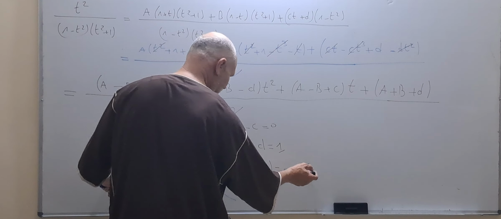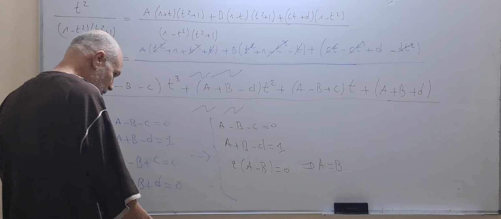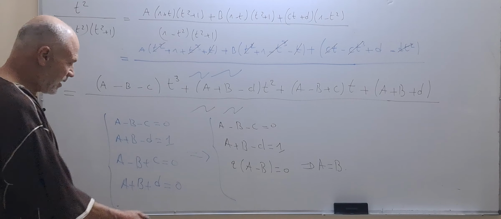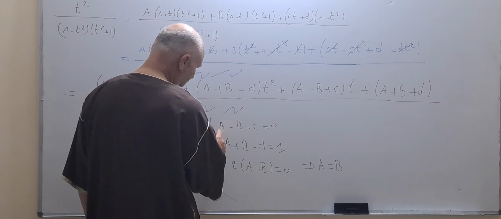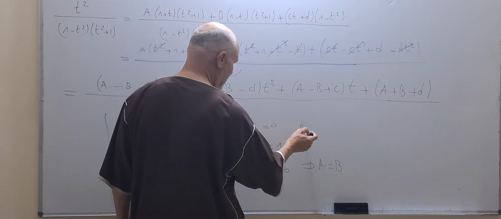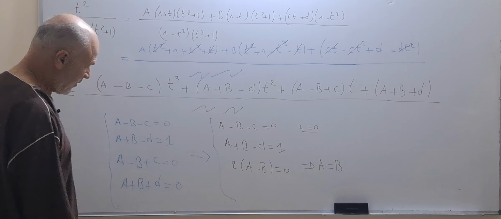This means that A equal to B. Then C is equal to 0 from this one.